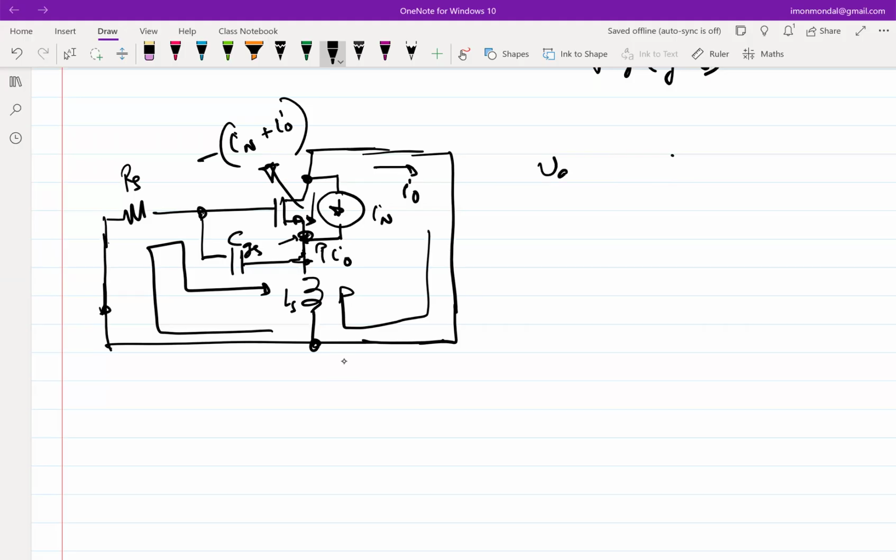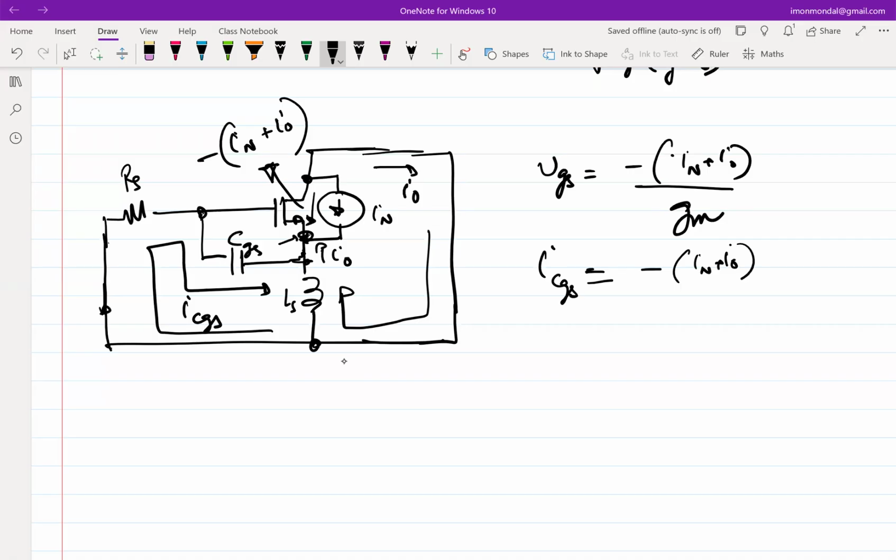So your VGS is negative of IN plus I naught by GM, right? If I know the VGS, I know the current through CGS, right? So your ICGS is essentially, so if I have to give a direction now, so this is the ICGS, essentially negative of IN plus I naught over GM times J omega CGS, right?